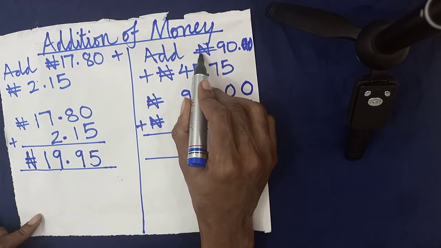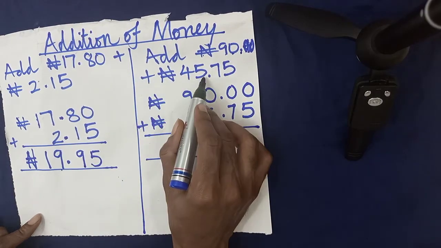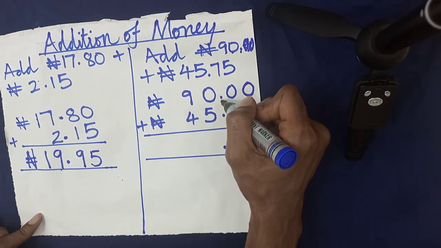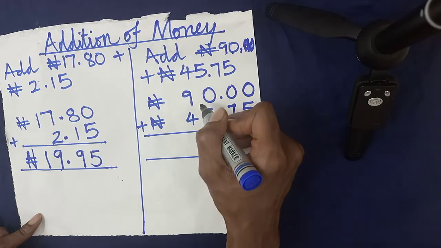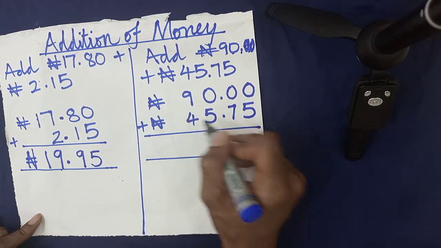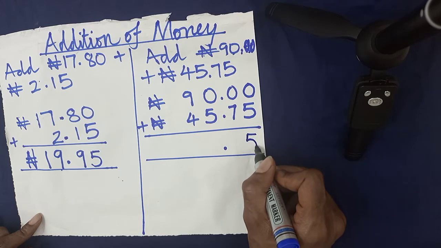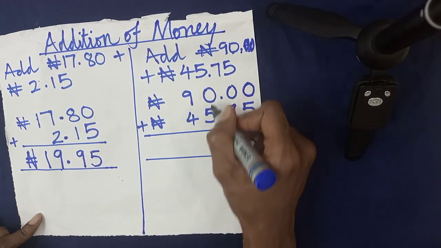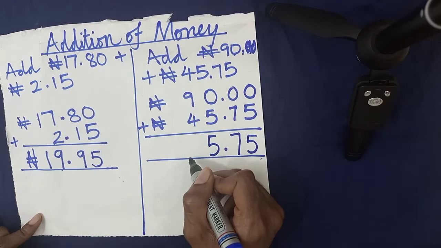Here we have add 90 naira 0 kobo to 45 naira 75 kobo. Alright, again, we arrange all the points to be in a straight line, okay, even the point of the answer. Then we arrange every other thing accordingly in relation to the point. 0 plus 5 is 5. 0 plus 7 is 7. 0 plus 5 is 5. 9 plus 4 is 13.